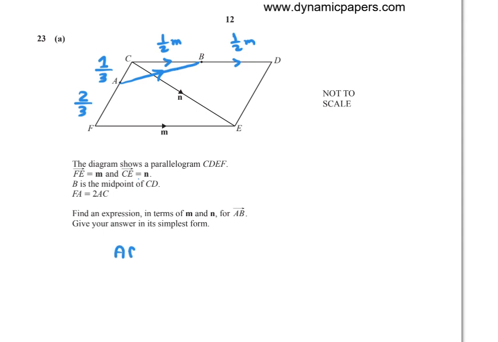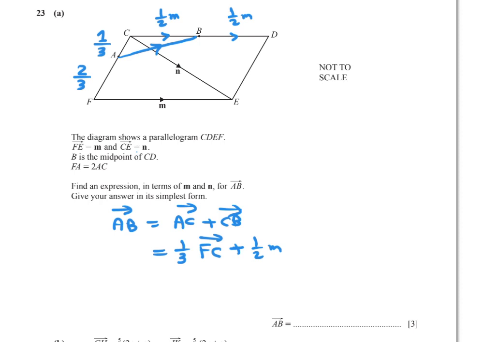So AB equals AC plus CB. AC equals 1/3 FC. And CB equals half M. Now FC equals what?